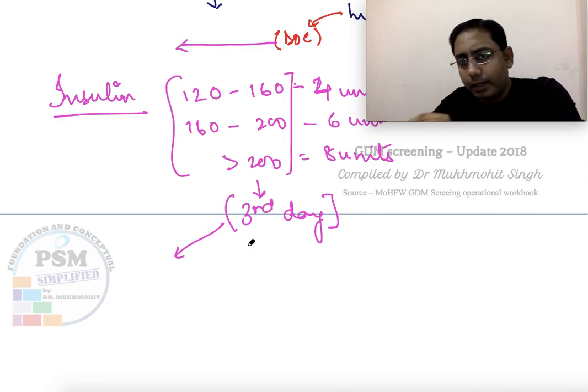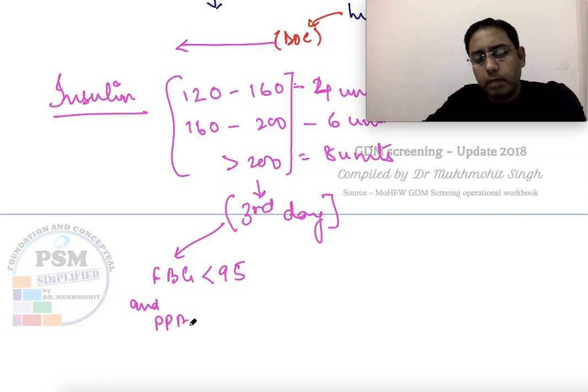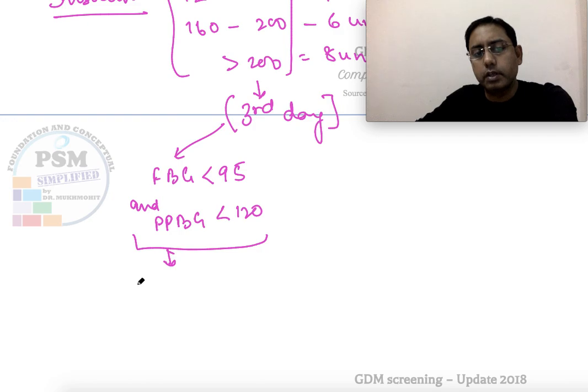Now, when the patient is on insulin, if the fasting blood glucose is less than 95 and the postprandial blood glucose is less than 120, that means this insulin is working.